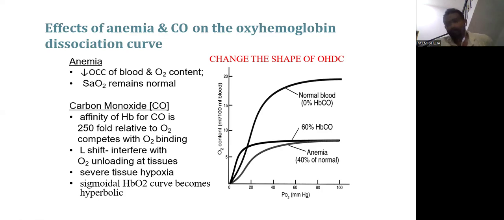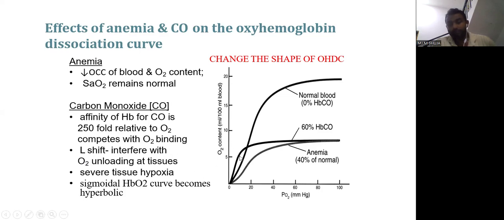What will happen in carbon monoxide? The affinity of hemoglobin for carbon monoxide is 250-fold relatively high compared to oxygen. So it competes with oxygen binding, causing a left shift. So it interferes with the oxygen unloading at tissue level.